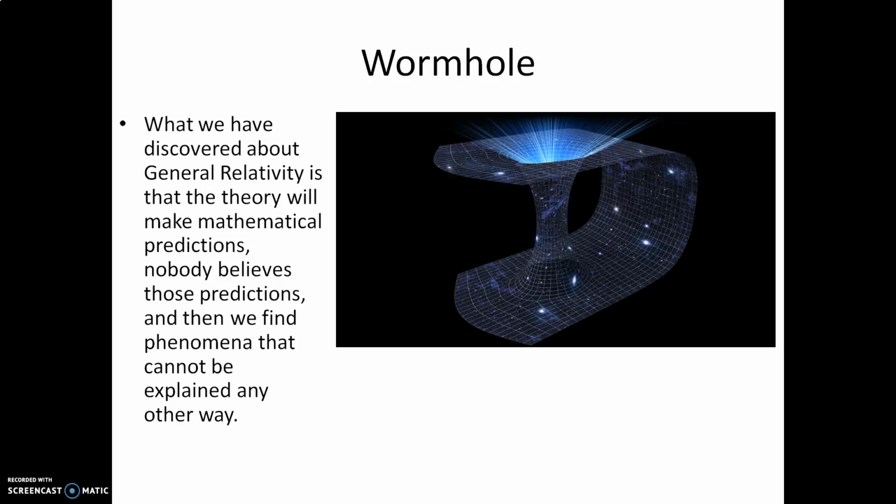a tunnel through space-time. What we have right here on this slide is a two-dimensional sheet, if you will, that depicts three-dimensional space, and then in a fourth spatial dimension connecting two points on that sheet are the two wormhole mouths. Let's say that we have a star right here and another star right here.